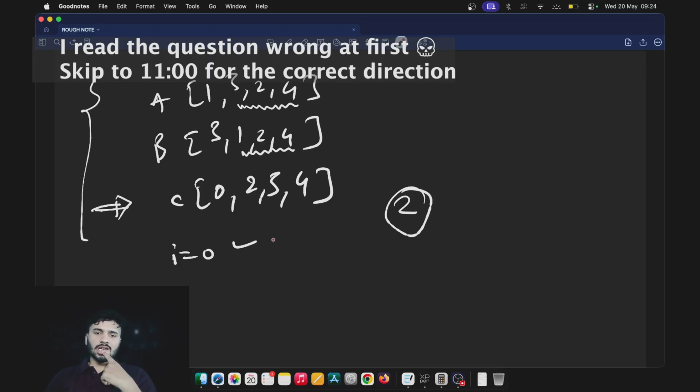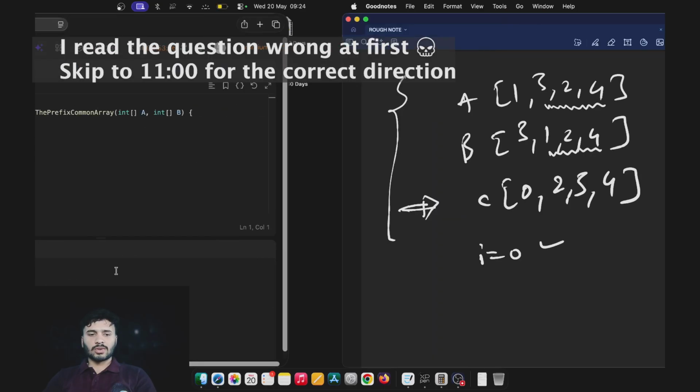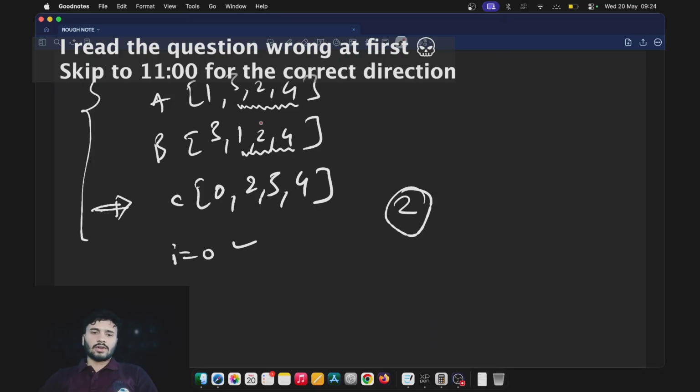Let's see. For i equal to 1, we have 1 and 3 common in A and B. So that is why its answer is 2. You can see the answer C of i equal to 1 is 2. So before and after this index.